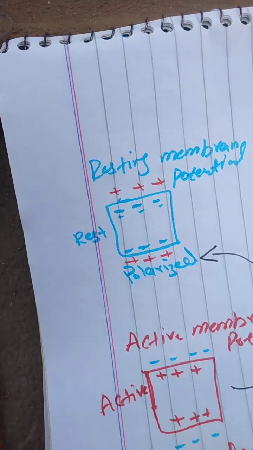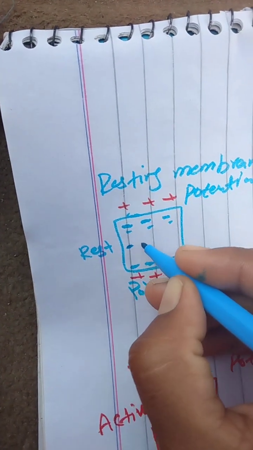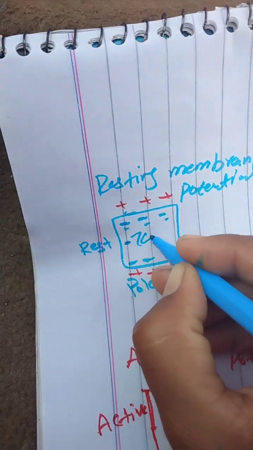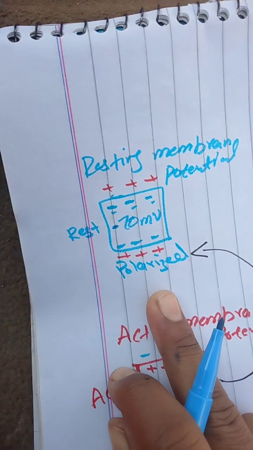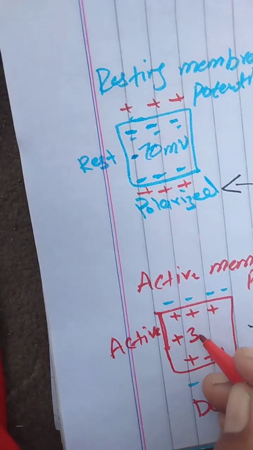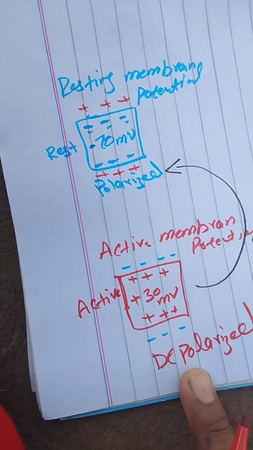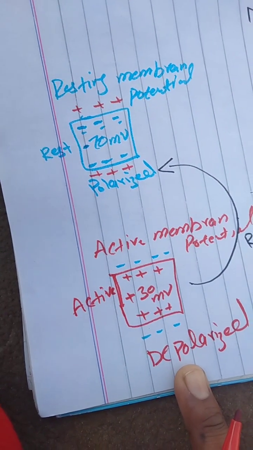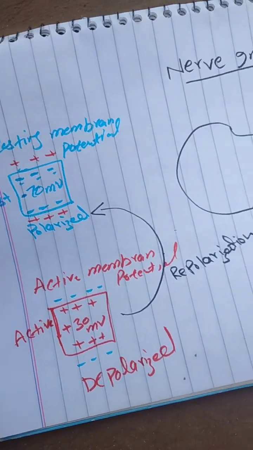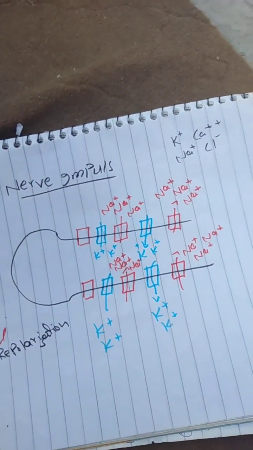So at minus 70 millivolts, the cell becomes polarized, and at plus 30 millivolts, the cell becomes depolarized. So this is our today topic. Hope you clearly understand. I have revised again.